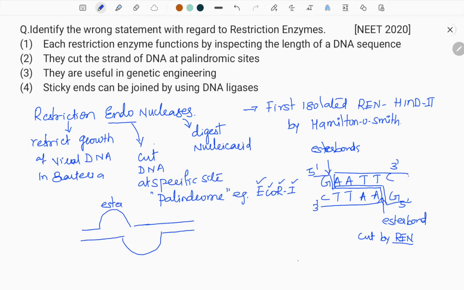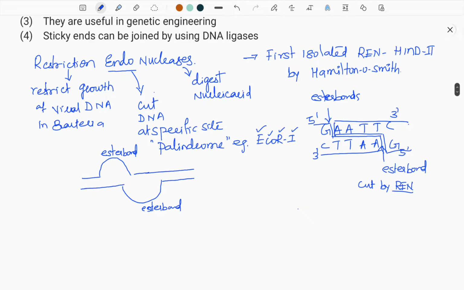As two ester bonds are cut by restriction endonuclease, two ester bonds are joined by DNA ligase. So restriction endonucleases cut the ester bonds, and DNA ligases join them. Restriction endonucleases are called molecular scissors, whereas DNA ligases are called molecular glue. After joining the two DNA strands, it appears like this.